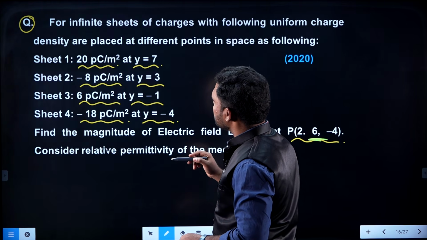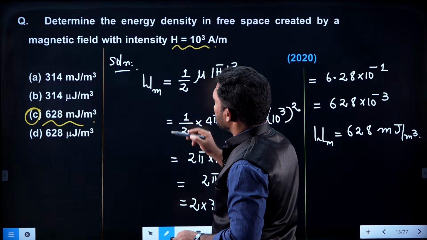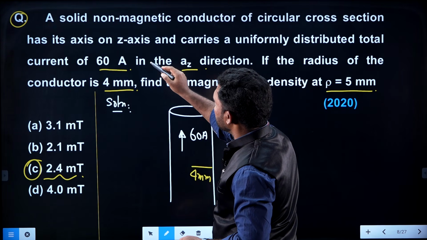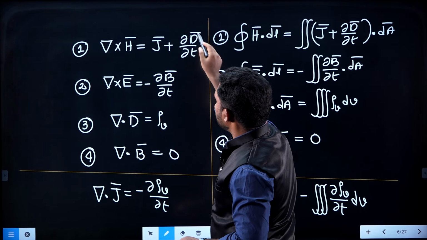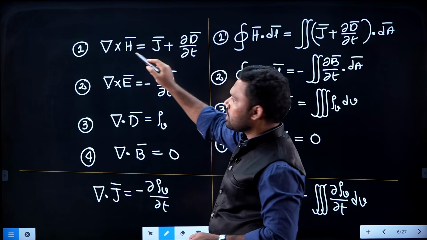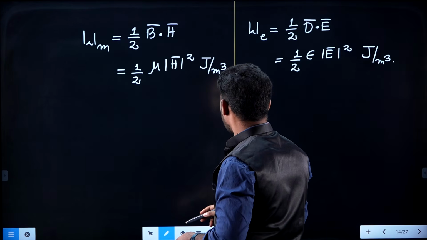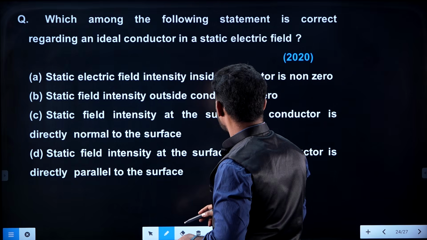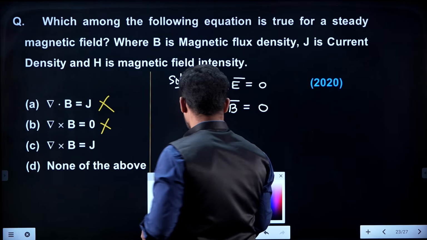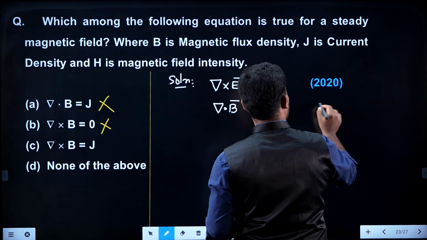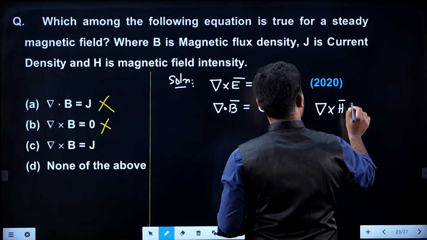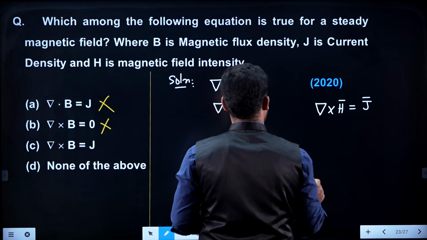What you can do? If it is a steady field, this will be 0, isn't it? Del cross H is equal to J.